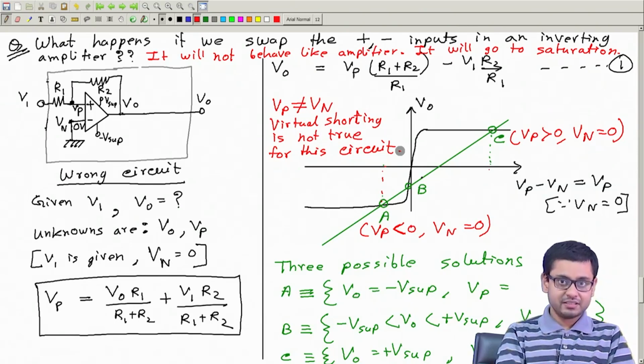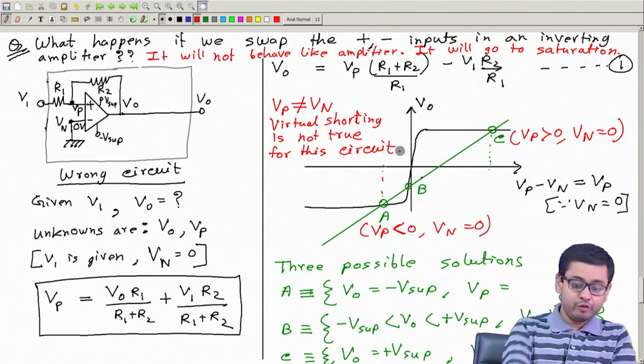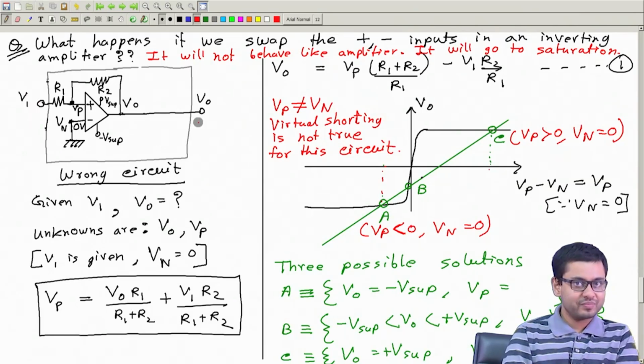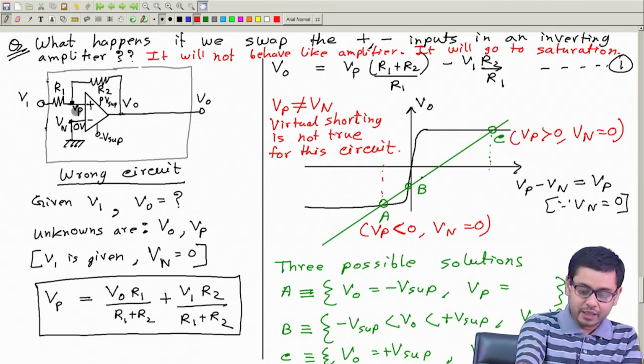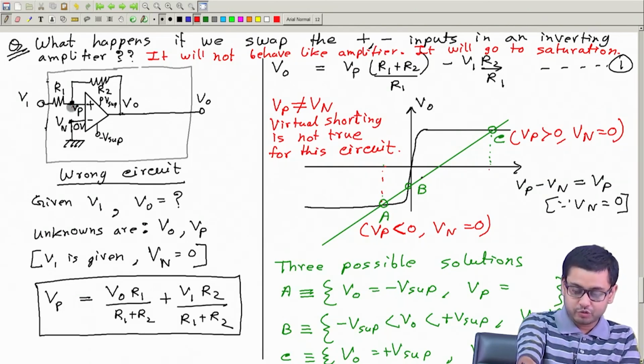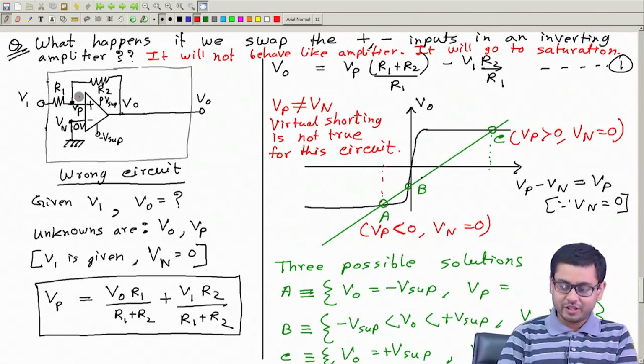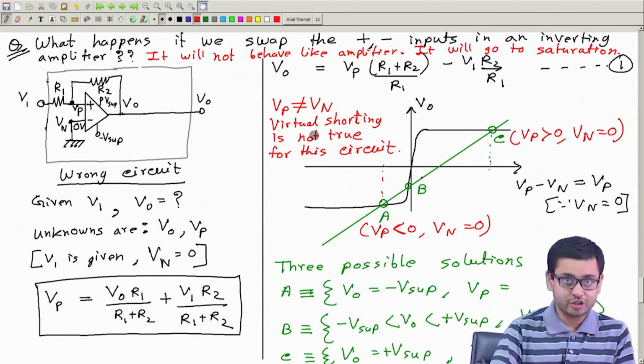This circuit doesn't work with the concept of virtual short. One small note: if I give you this circuit and ask the question, V1 is 5 volt, what will be VO? You cannot do the analysis with the assumption Vp equal to Vn, so Vp is equal to 0. No, that method will not work, because virtual short is not true for this circuit.